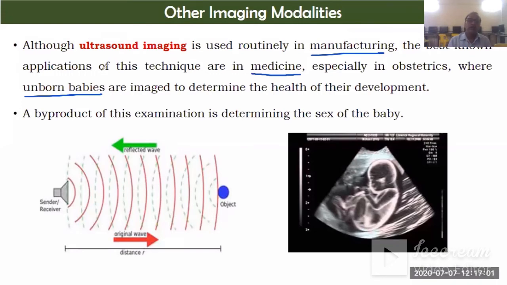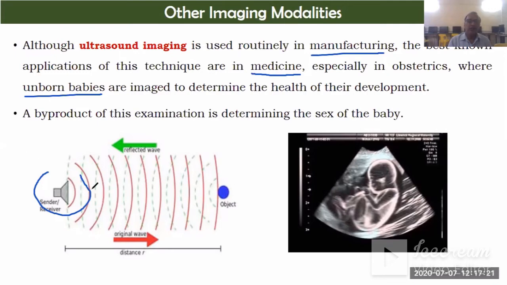So this is ultrasonic sound. Ultrasonic sounds are used in the manufacturing industry and in the medical industry. In the manufacturing industry, some sound will be sent and transmitted to an object, and this object will identify something and return it back.